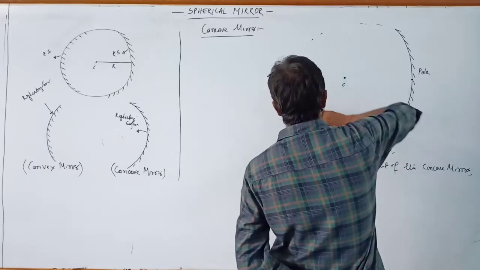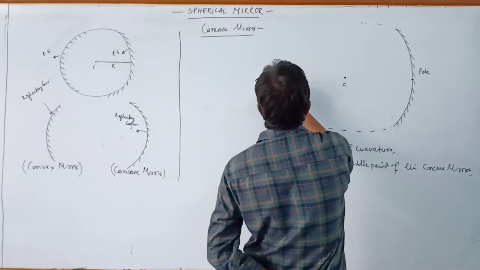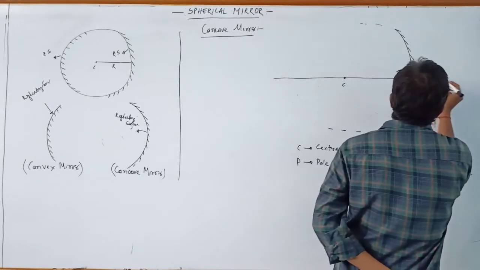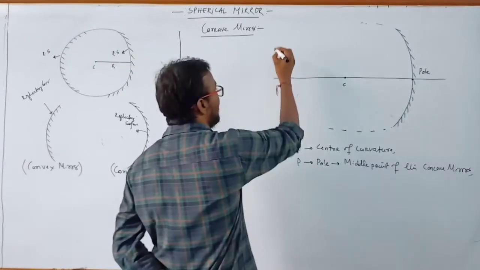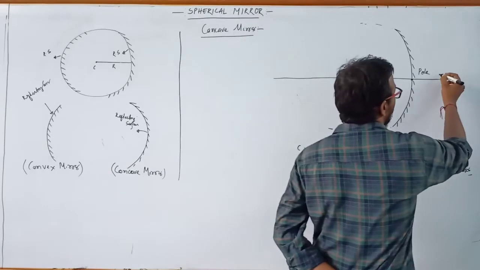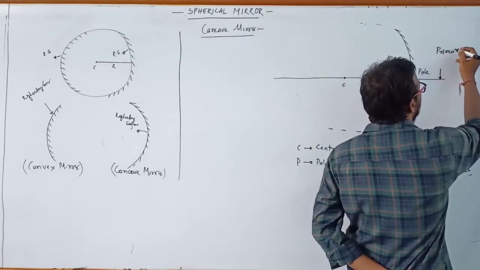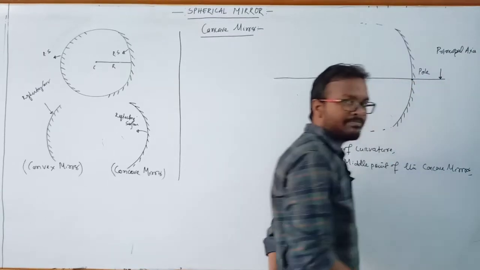Next, we have to join a line from the pole to the center of curvature. This line is known as the principal axis. So what is the principal axis?